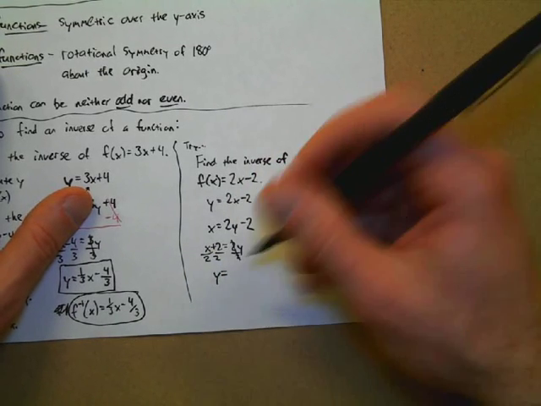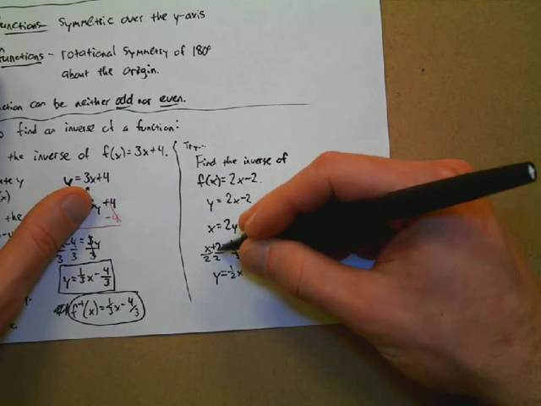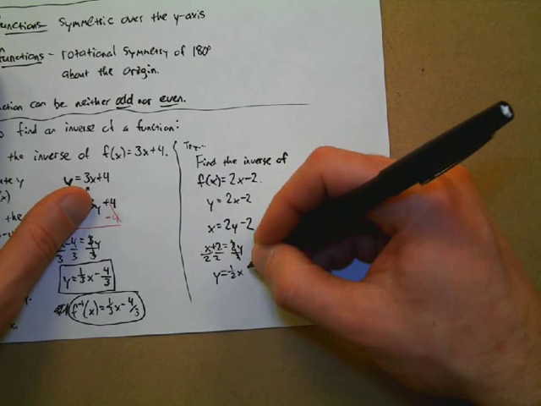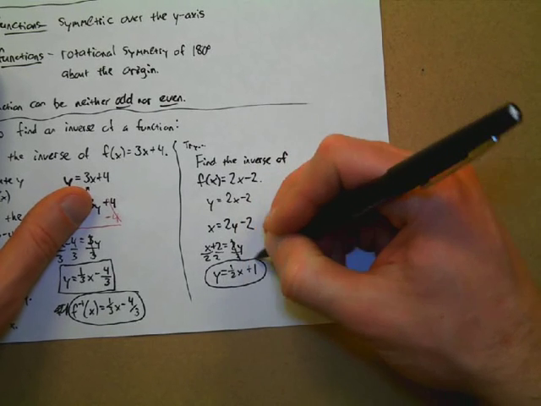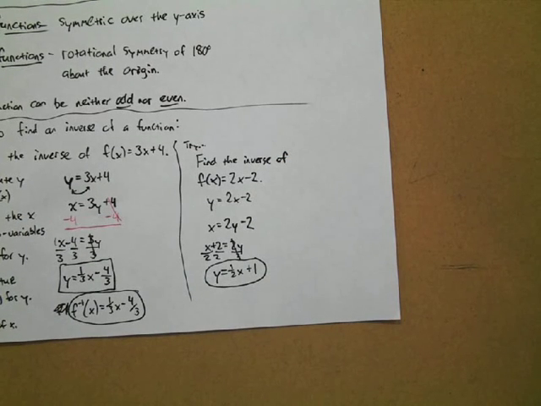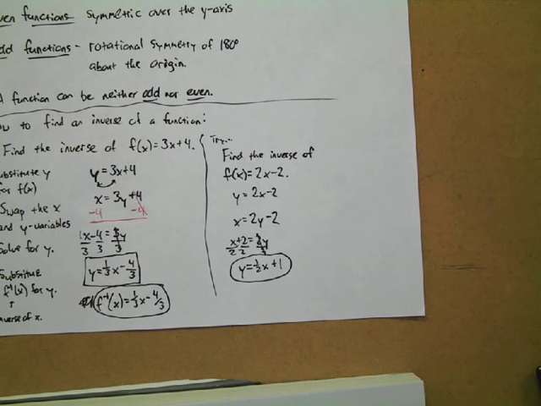On page 53, starting on page 53, I'd like you to do number 1, number 3, number 5, 6, and I think 9 as well.